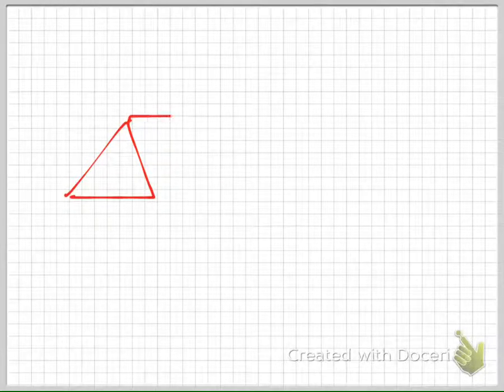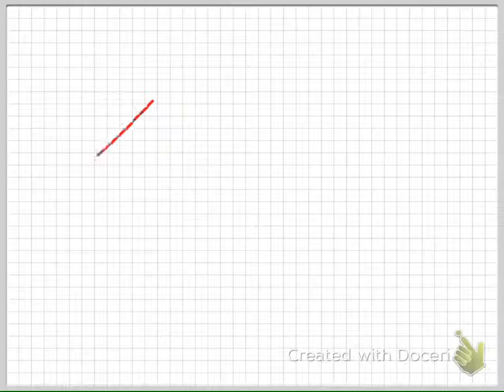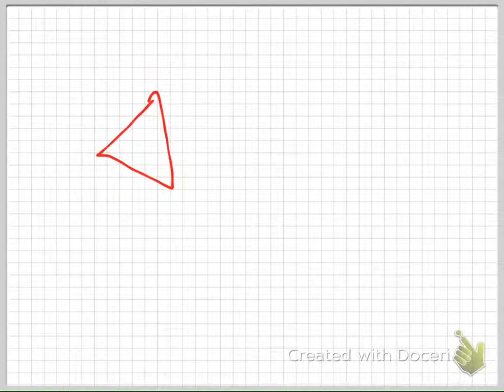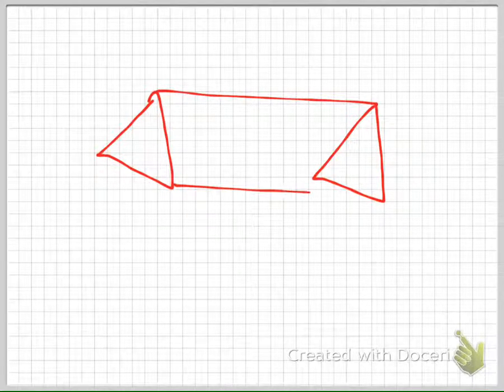Let me give you another one here. What about this? What if I have a triangle? I need to draw that at a bit of an angle. Okay, do you see it?